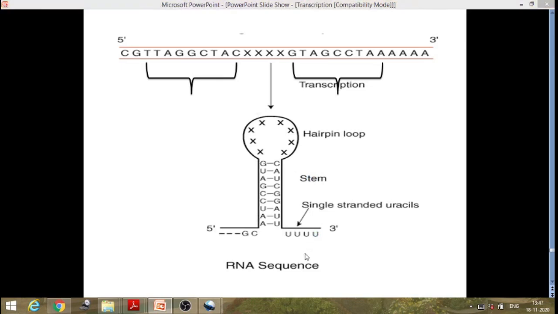This stem loop or hairpin loop structure is important for disruption of the RNA transcript from the DNA, and that leads to termination of the transcription.